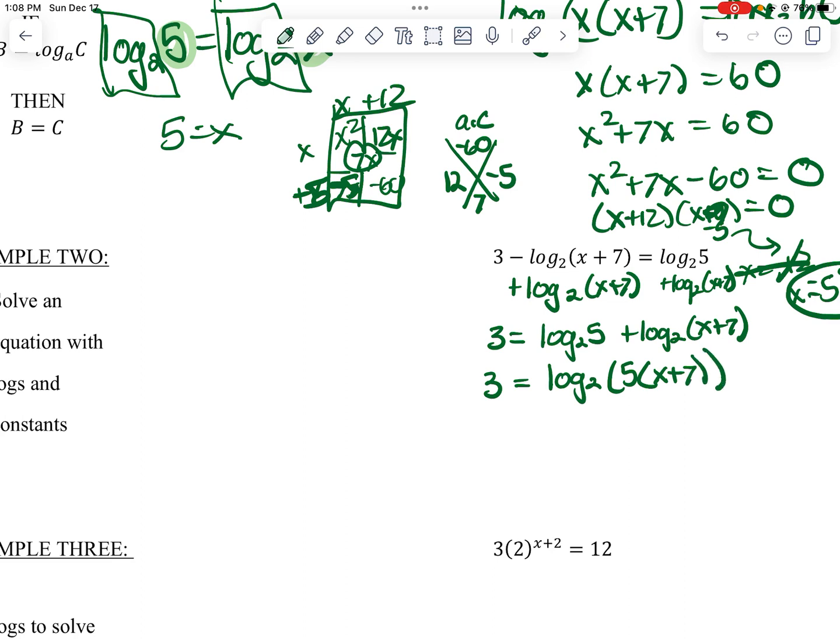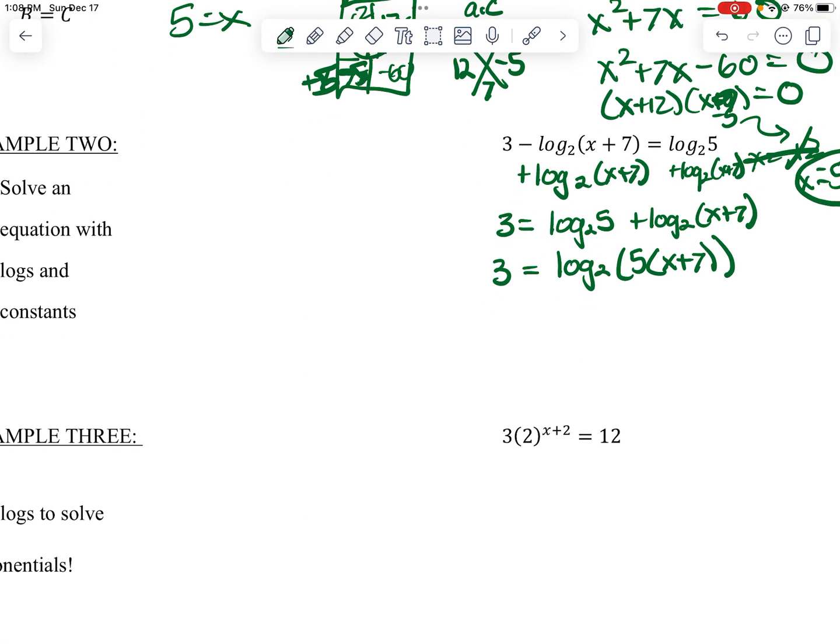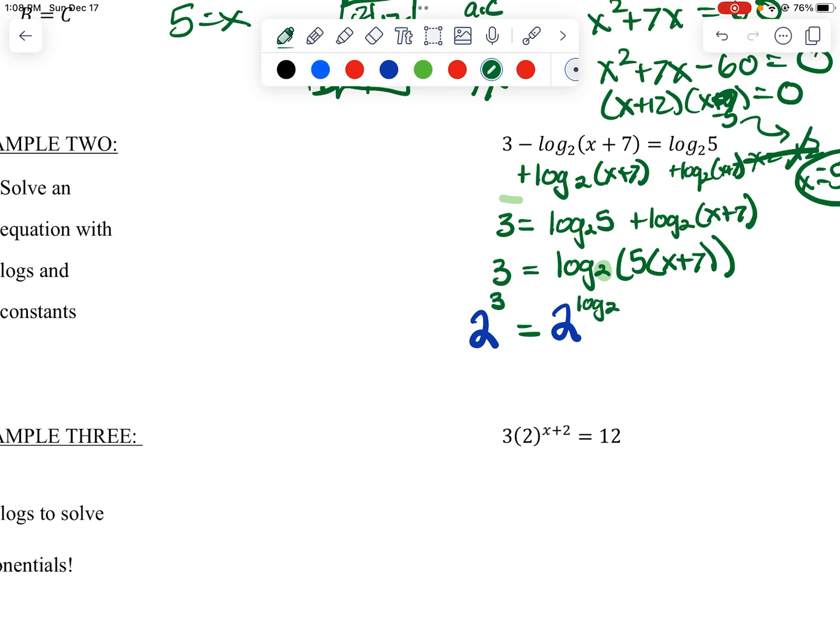And then it goes back to what we've done before. So the inverse of a log is an exponent. And what is our base right here? It is 2. So I could raise each side with an exponent to the third, and then I could say 2 to the 3rd equals base 2 to the log base 2 of 5 times x plus 7.